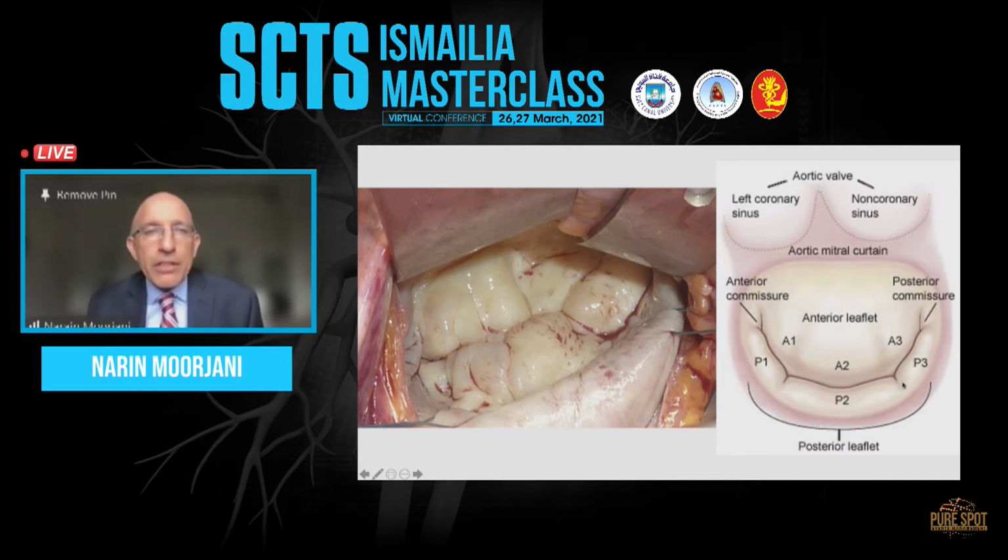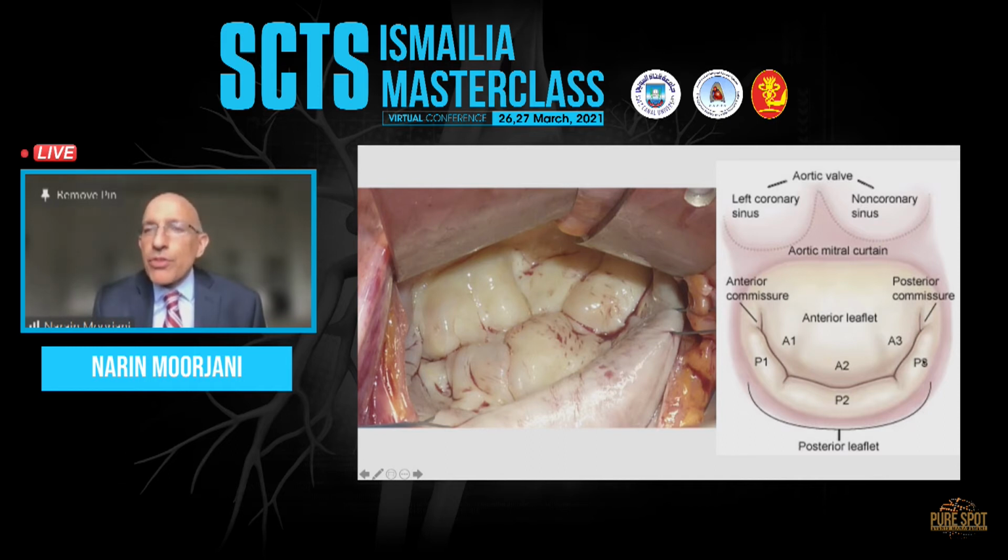This anatomical description of the scallops of the posterior mitral valve leaflet is important because cardiologists are able to then convey to us where the different lesions are within the mitral valve. And similarly, there are corresponding scallops on the anterior mitral valve leaflet, A1, A2, and A3.